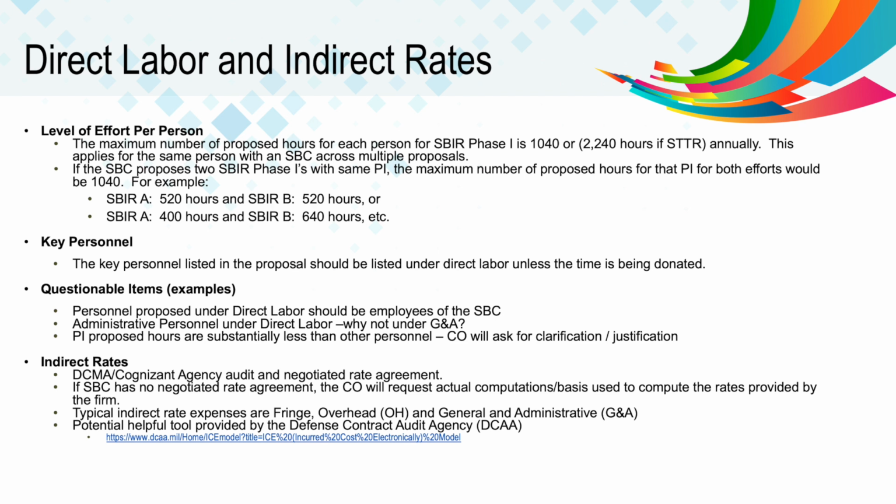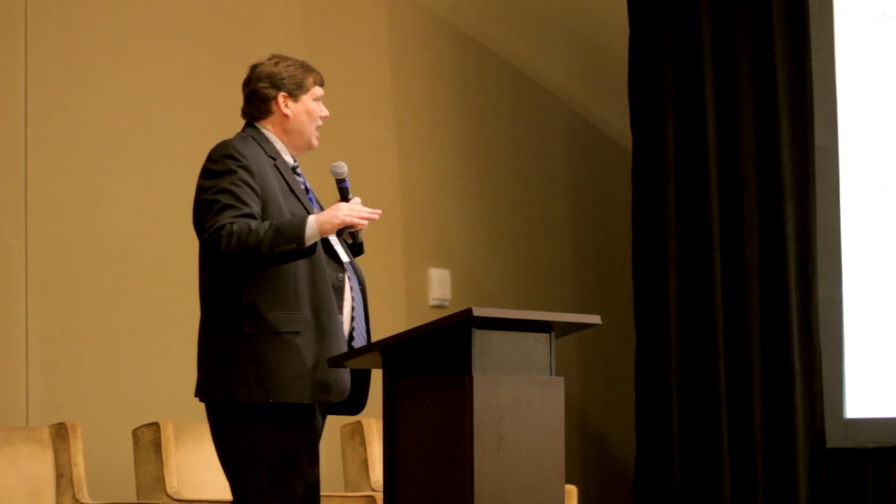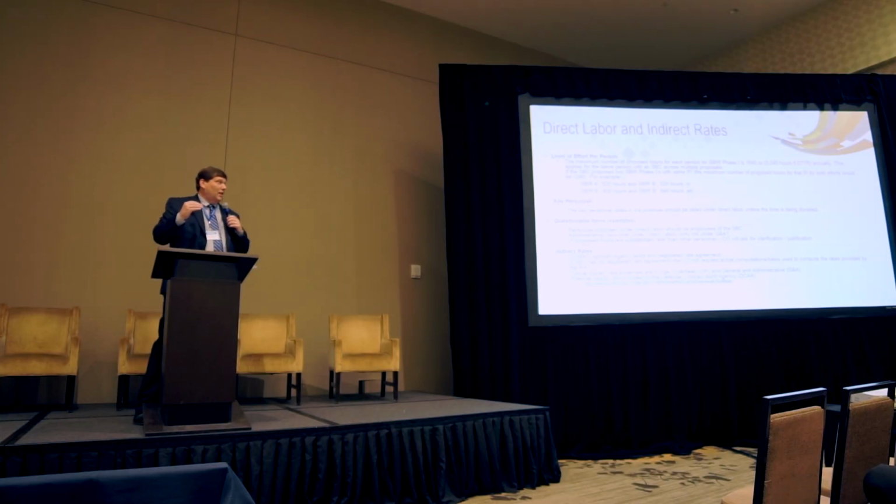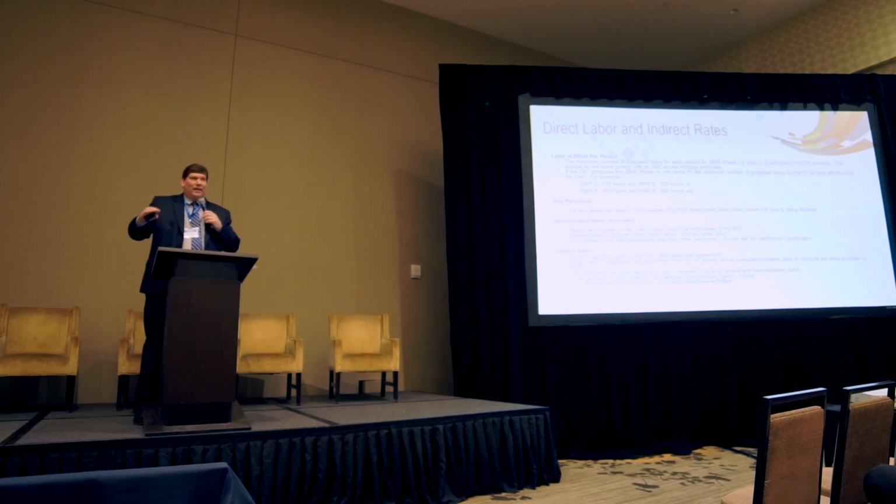Usually they would fall under indirect costs. Sometimes we'll see that the PI's proposed number of hours is really less than the hours of other employees proposed. We'll go ahead and question that, because that's your key employee, your principal investigator, and we'd like to get clarification on why he's getting so few hours.